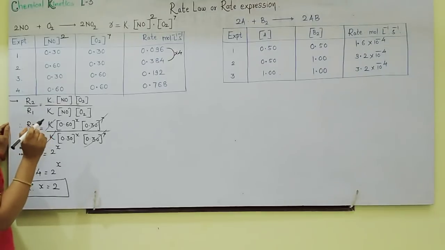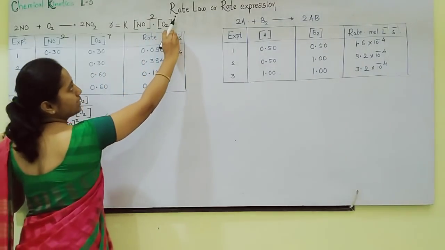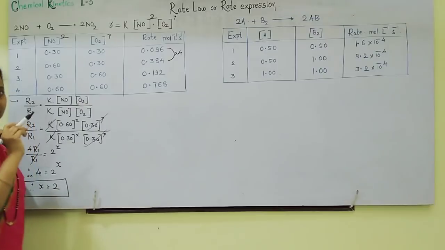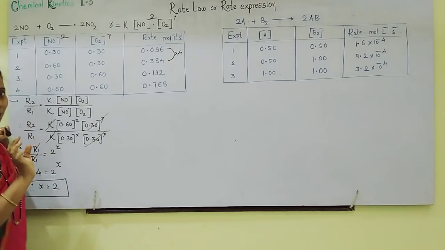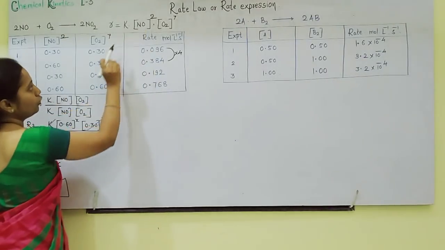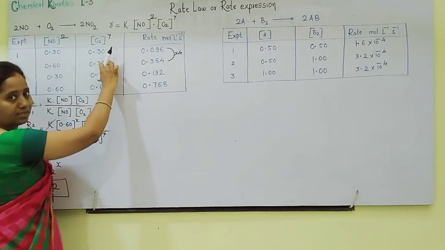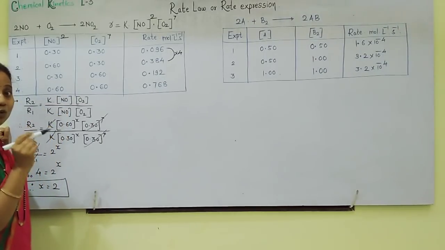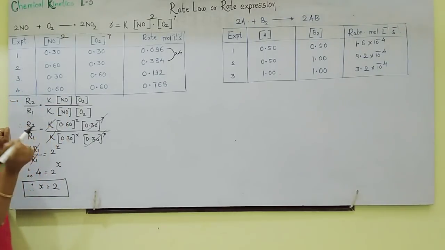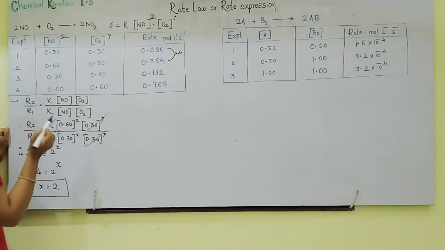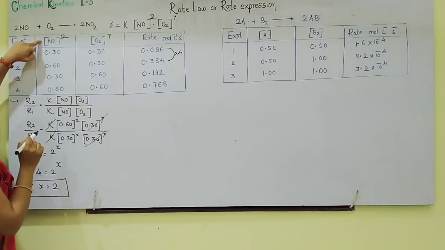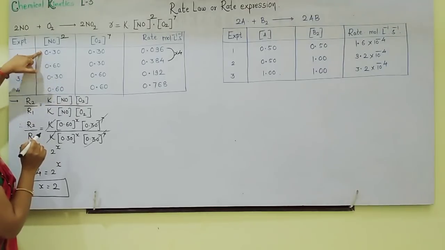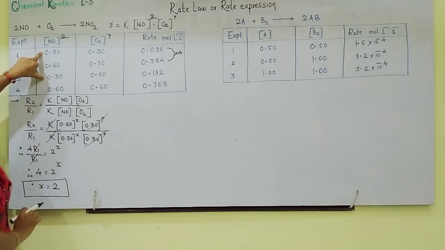Now I want to find out O2 raised to Y. So I will take the experiment in which NO concentration is kept constant. I got the X value when oxygen was kept constant. I want oxygen raised to which number? For that NO should be constant. So which experiment shall we compare, students? NO should be constant. So I will take experiment 1 and experiment 3.